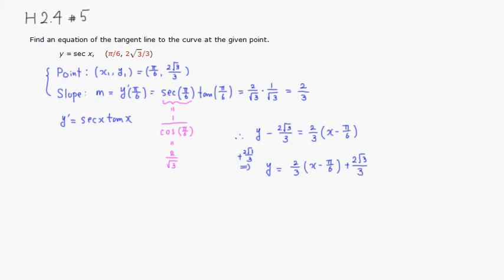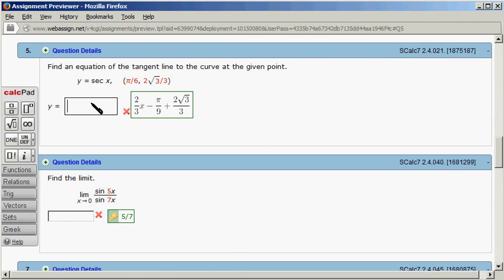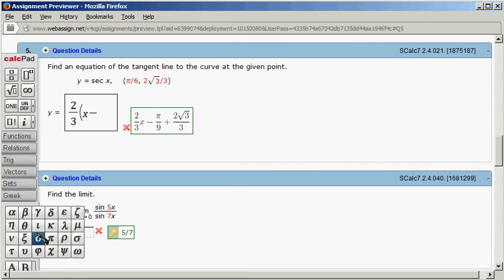So let's type that in. What we found was 2/3 times quantity x minus pi over 6. I'm going to have to find pi. Pi is a Greek letter, so it should be in there. Where's pi? Oh, here.